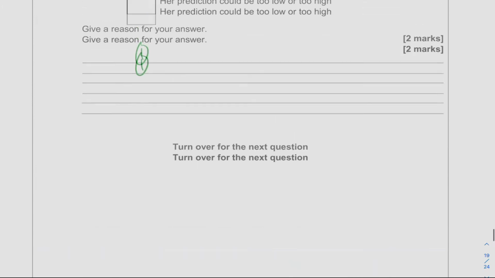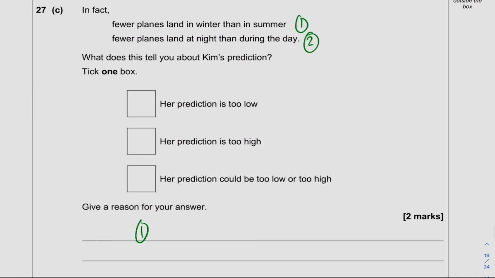So as that data is from January, and we are told that fewer planes land in winter than in summer, we can say her prediction for part 1 would be too low. So too low. And then we can say as her prediction is from winter data.